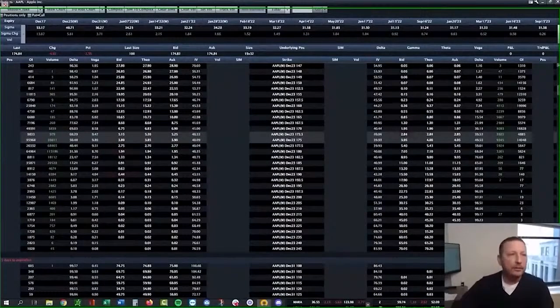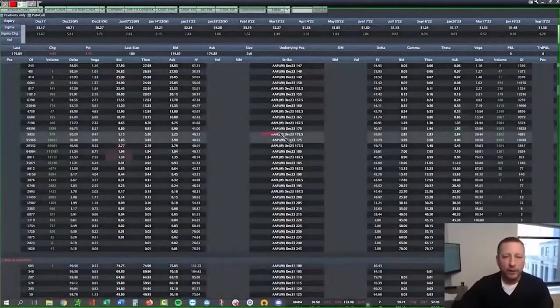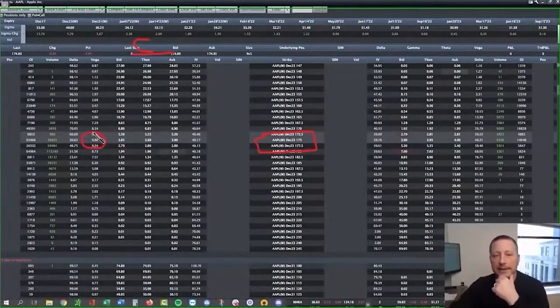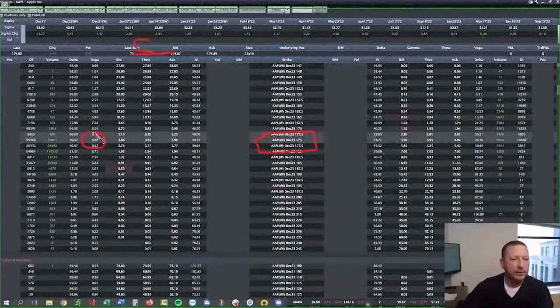Let's go back here. And we're going to focus in on these 175 calls right now. Okay, the 175 call, again, has a Vega of almost 10 cents. Again, that means that for every 1 point the implied volatility changes, the value of that option is going to change 10 cents. Okay, so let's look at this example on the screen.